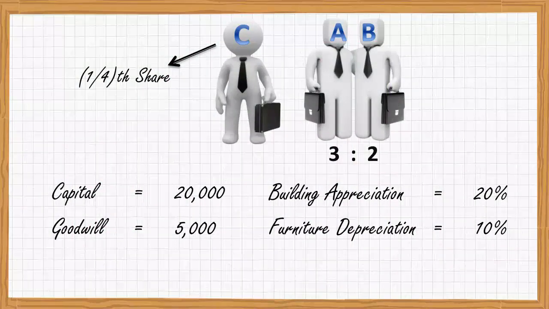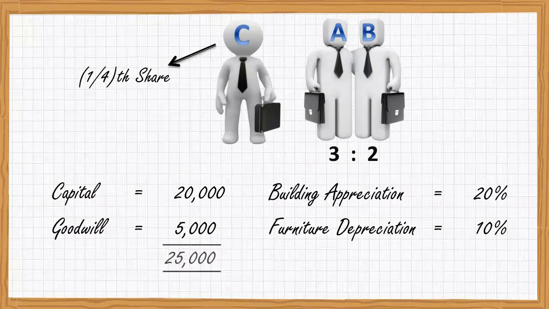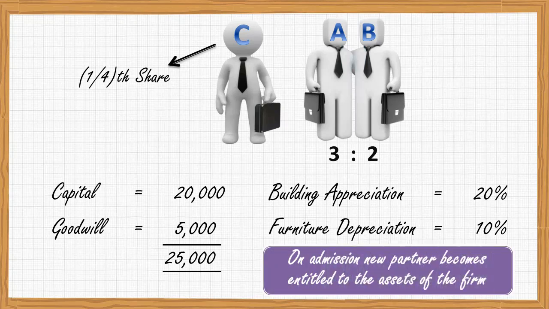Now C is coming as a new partner and he brings 20,000 as capital and 5,000 goodwill, total 25,000. Whenever a new partner is admitted, he becomes entitled to the assets of the firm. That's why he brings capital, rupees 20,000, and he has to bring cash for goodwill. Now why is he bringing cash for goodwill?